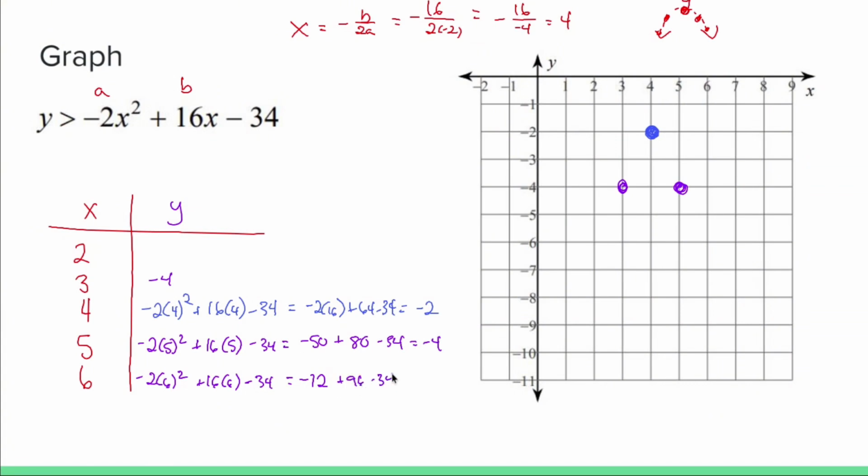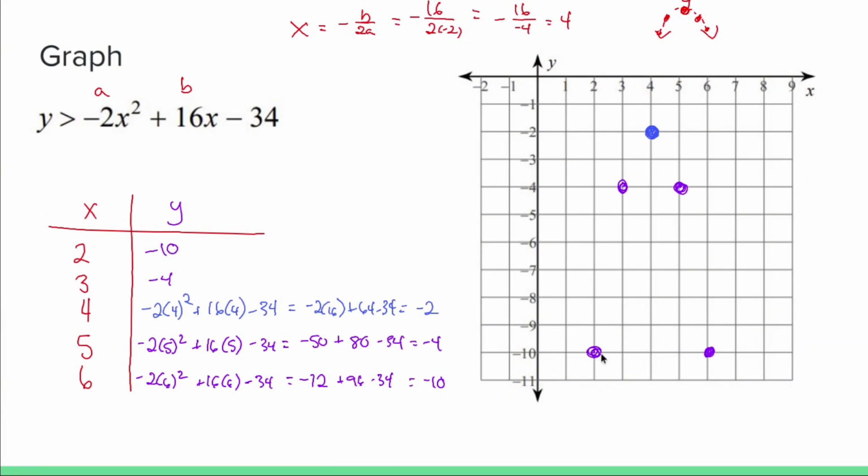Then you have minus 34. 96 minus 72 is 24. And 24 minus 34 is negative 10. So since 6 is negative 10, that would mean 2 is also negative 10.